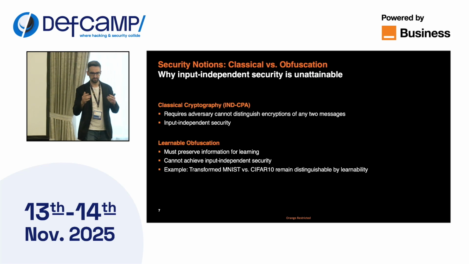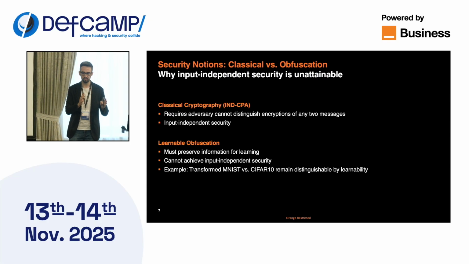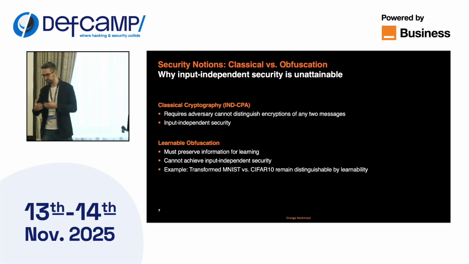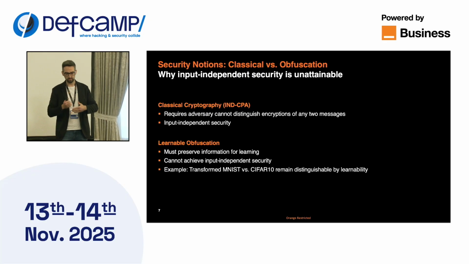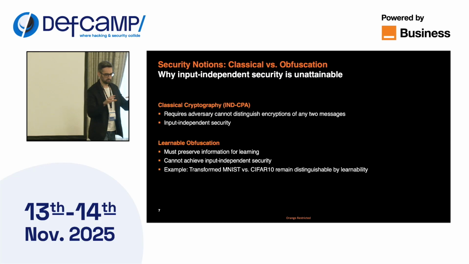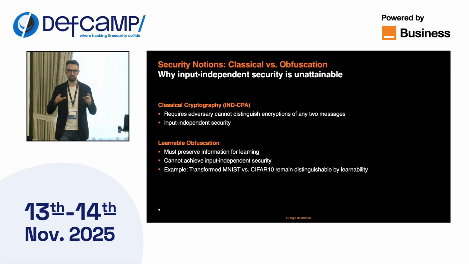This means that an attacker can use this difference in order to distinguish which dataset it's learning from. So, to continue my previous example, I put some transformed data, for example MNIST, on a server.